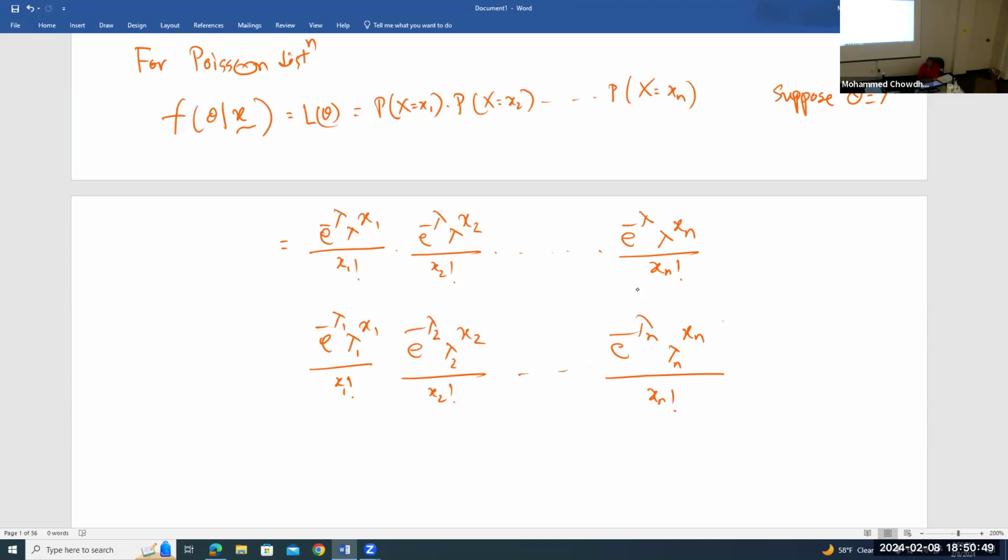This is independently distribution. This is called the x1, x2, xn are independently distributed, which follow Poisson distributions with parameter lambda 1, lambda 2, lambda n.